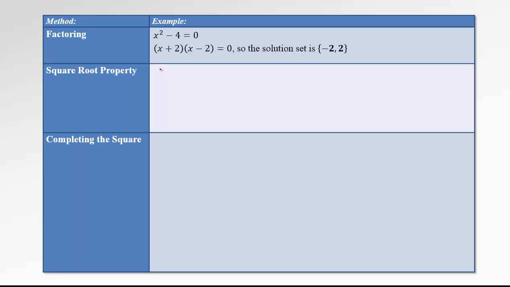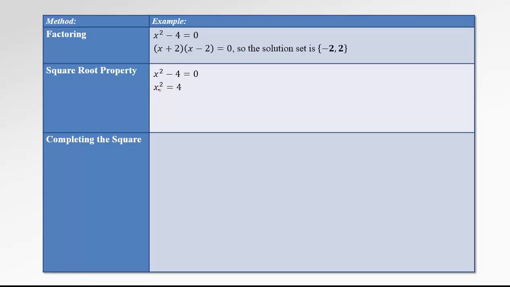The following method of solving the same type of equation is the square root property. How does it work? Well, since we want to solve for x, let's leave the term involving x on one side of the equation and move the free term to the other side. But this strategy works only when we have just one term involving x.